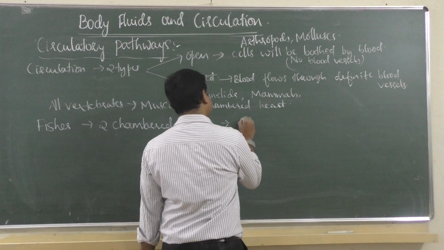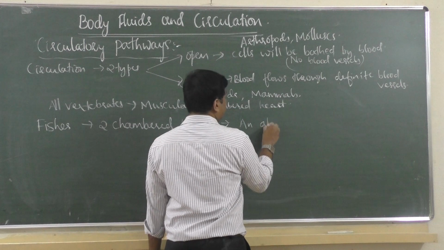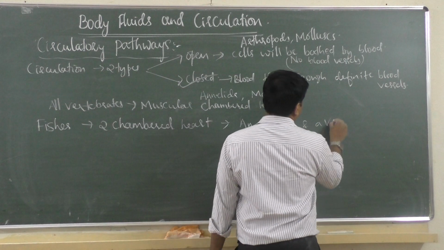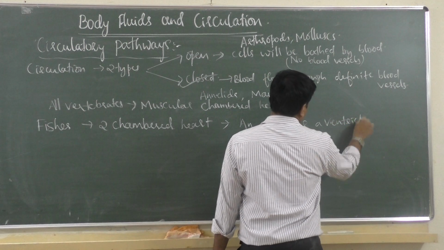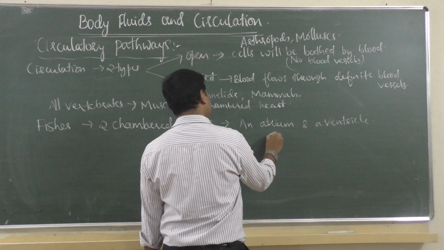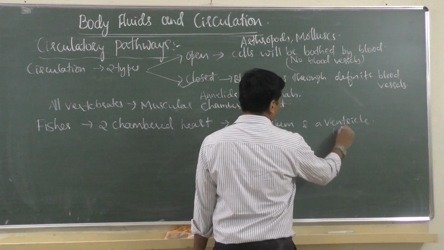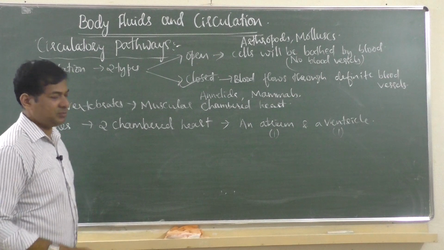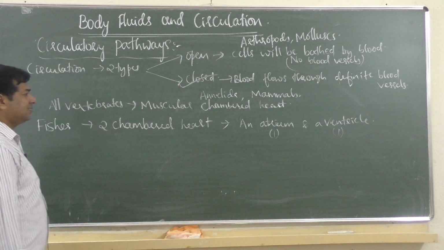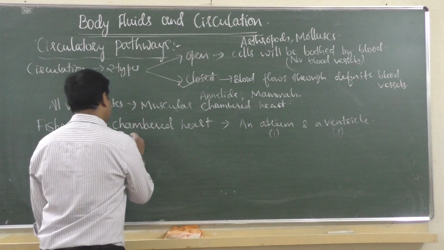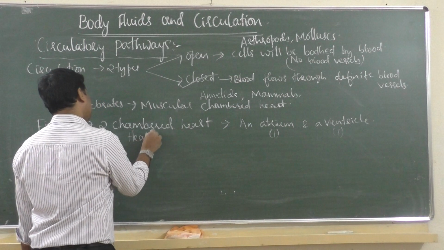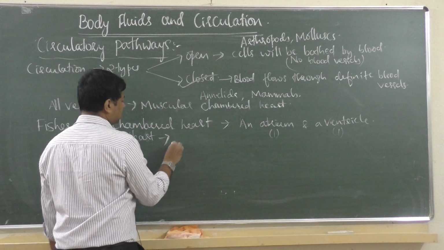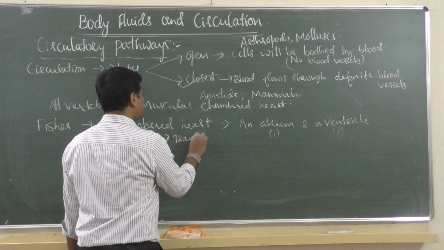That is, an atrium and a ventricle. Only one atrium, one ventricle, only 2 chambers. And they have a speciality here: the heart transports only deoxygenated blood.